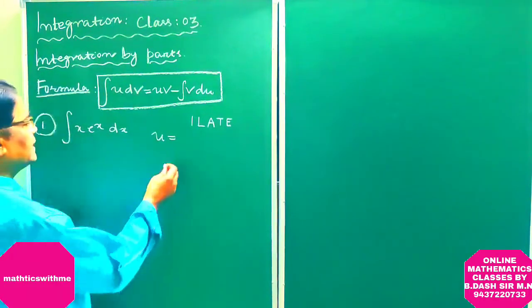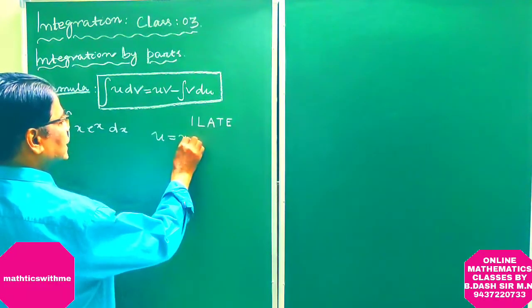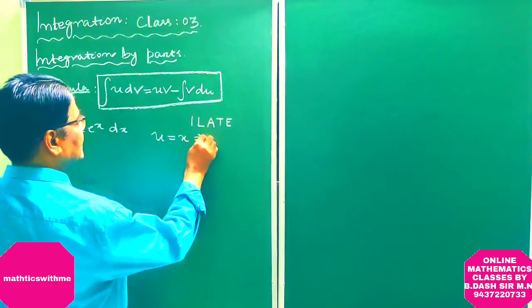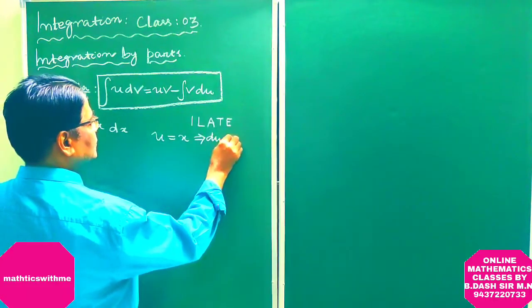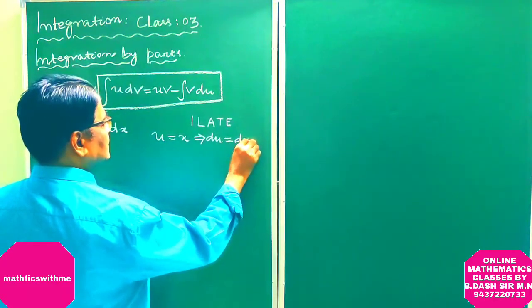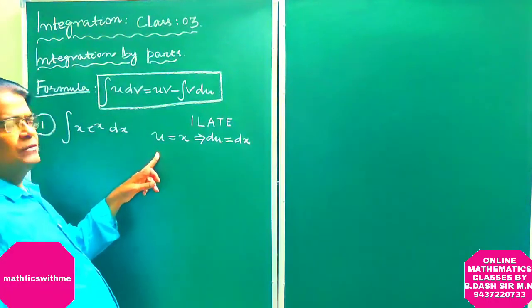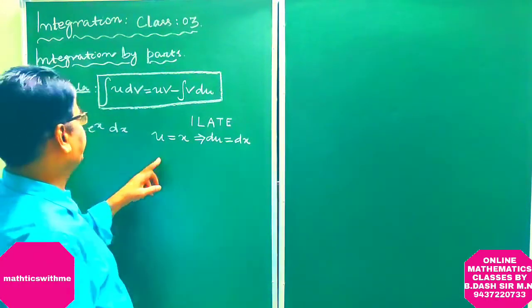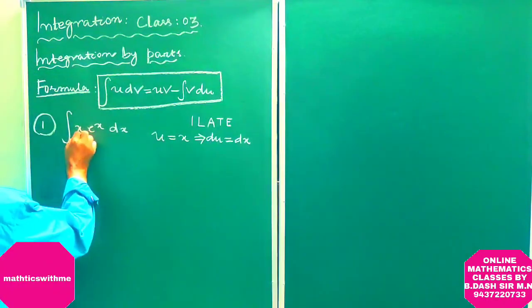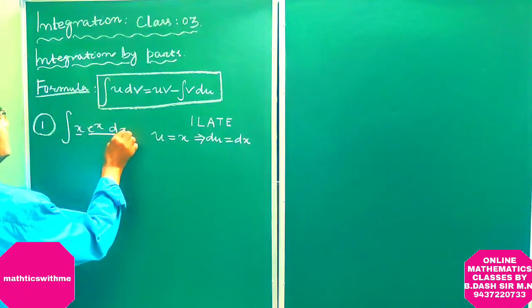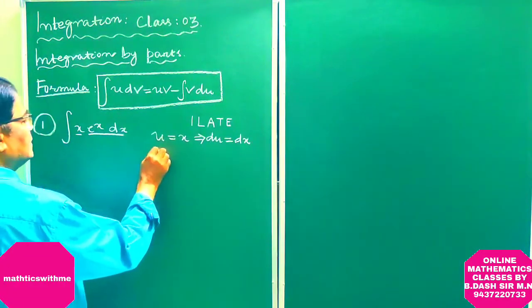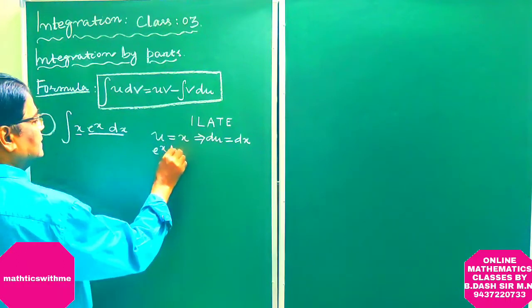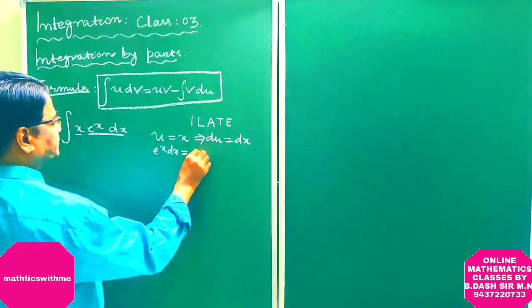So let us take u equals x, which implies du is equal to dx. After choosing u, we have to find du. Then the remaining factor e to the power x dx is equal to dv.